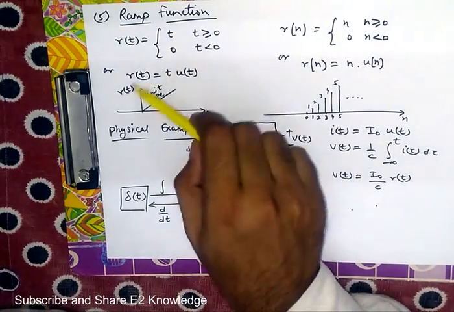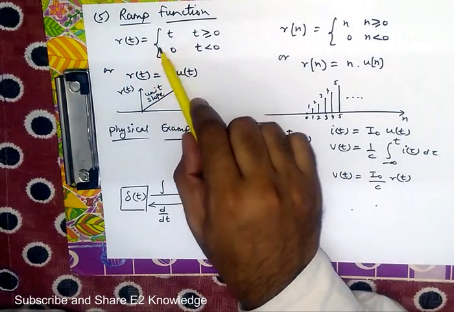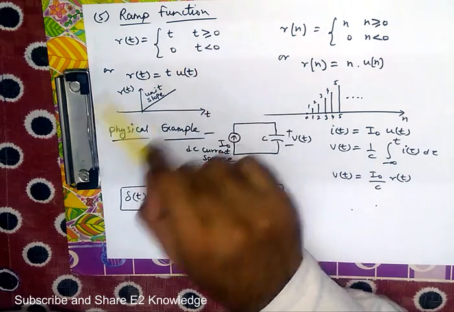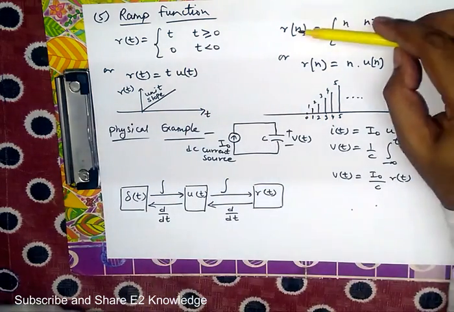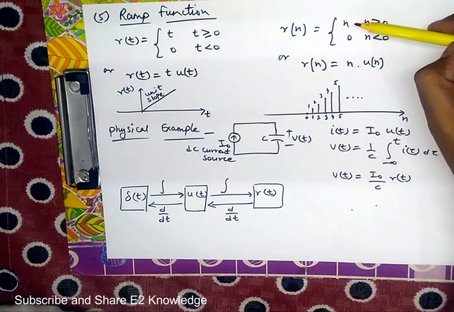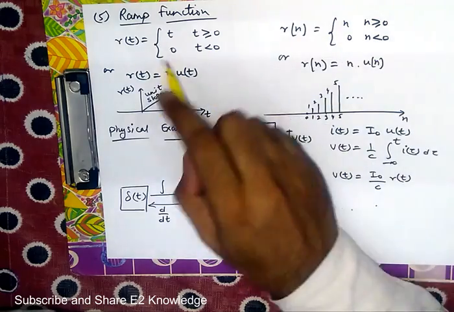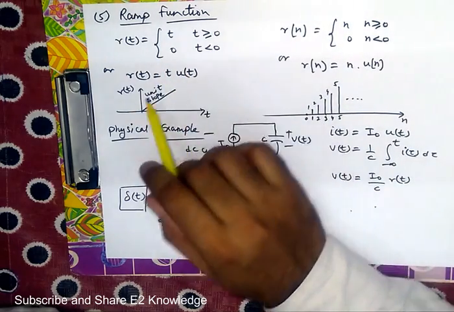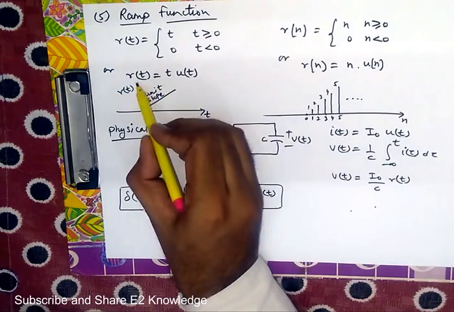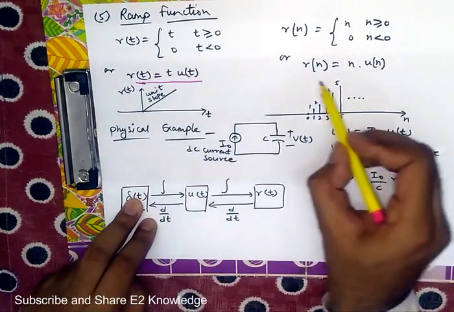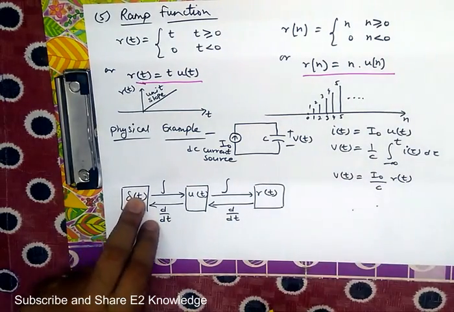Fifth is the ramp function. The ramp function r(t) is equal to t when t is positive, otherwise when t is negative, it is equal to 0. Similarly for r(n) in the discrete time domain, r(n) is equal to n when n is positive, otherwise it is 0. In terms of the u(t) function, r(t) is equal to t u(t), or r(n) is equal to n u(n) in discrete time.